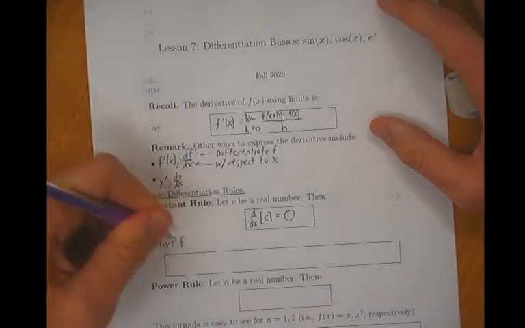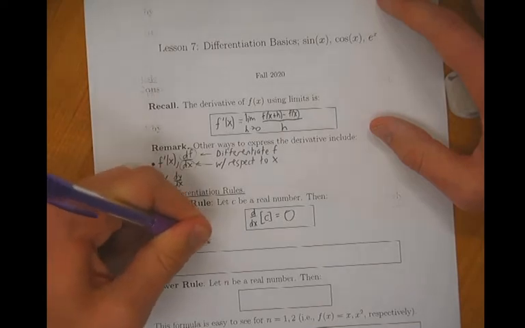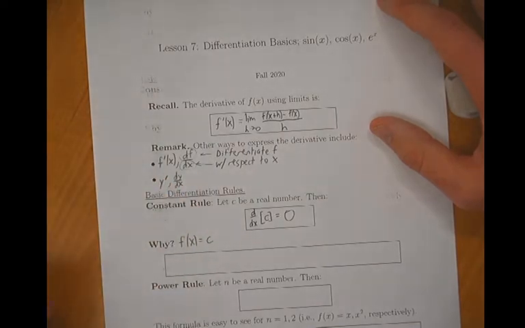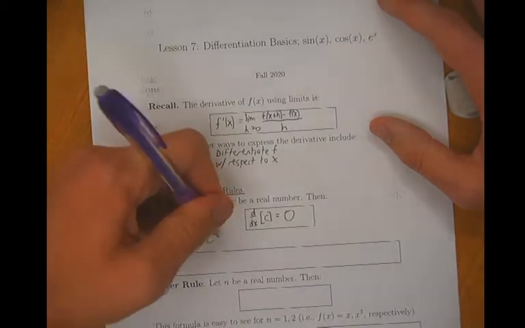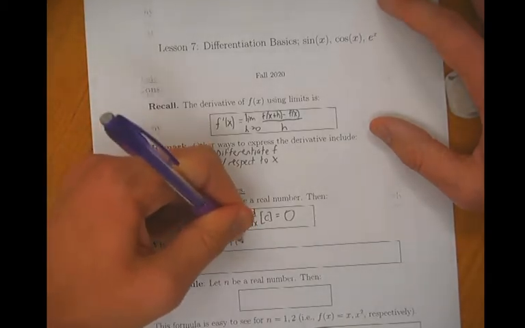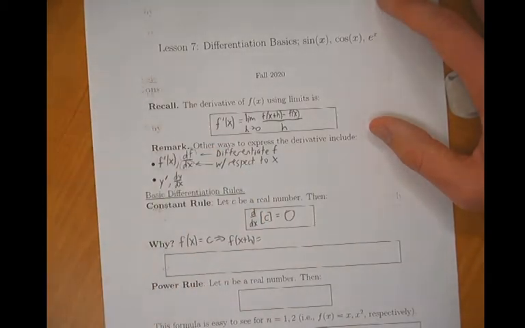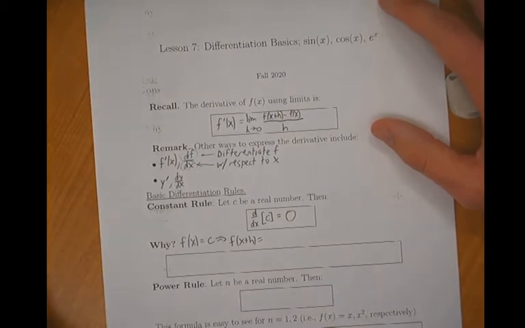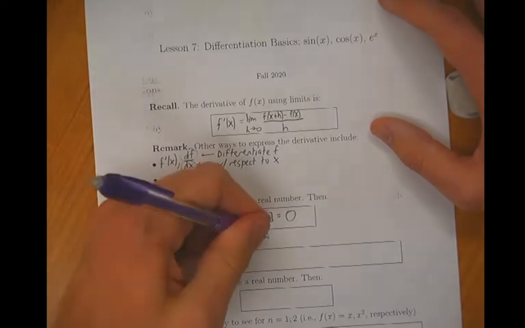In this case, our function f of x is just c, right? So what does that tell us about what f of x plus h equals? If c is just a constant, yep, it's just c as well, right?